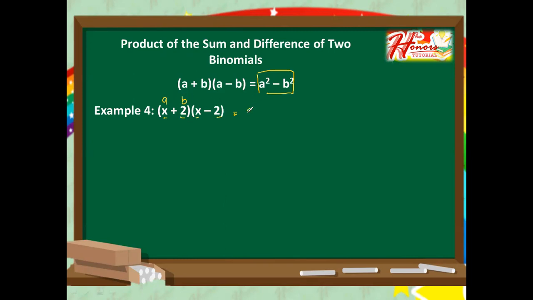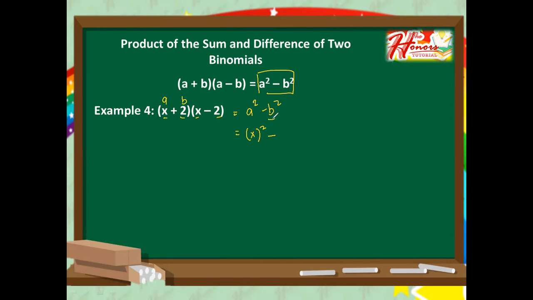Then have the pattern, a squared minus b squared. A is x, and don't forget the exponent 2, minus. Please don't change the sign or the operation between them, because it is constant. It will not change no matter what.